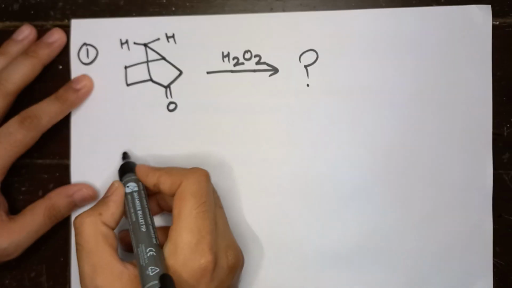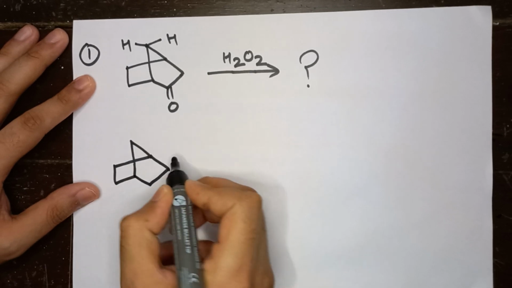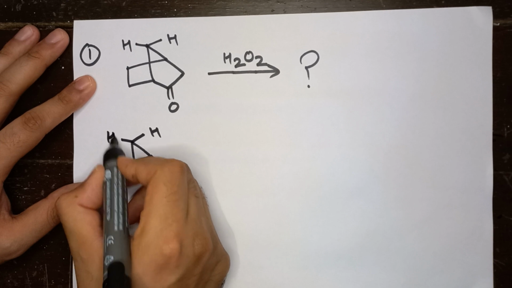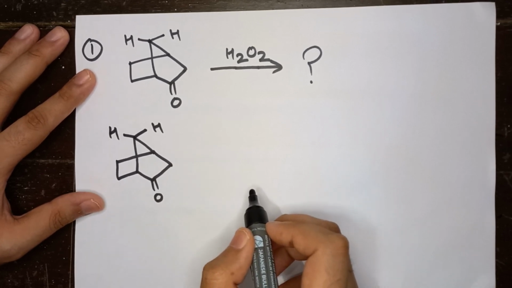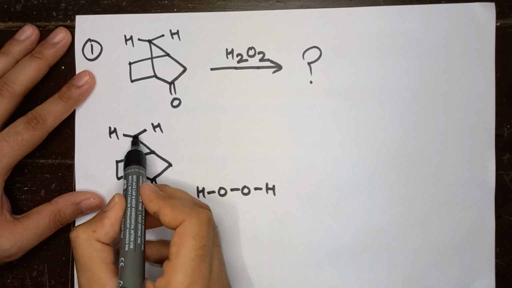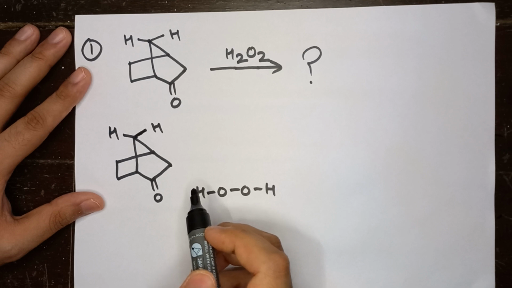Okay, so let me redraw. So we have hydrogen peroxide and we have hydrogen on the right side that is not capable enough to cause hindrance.